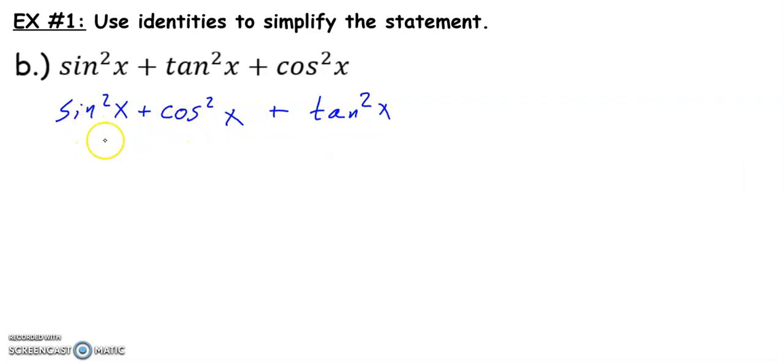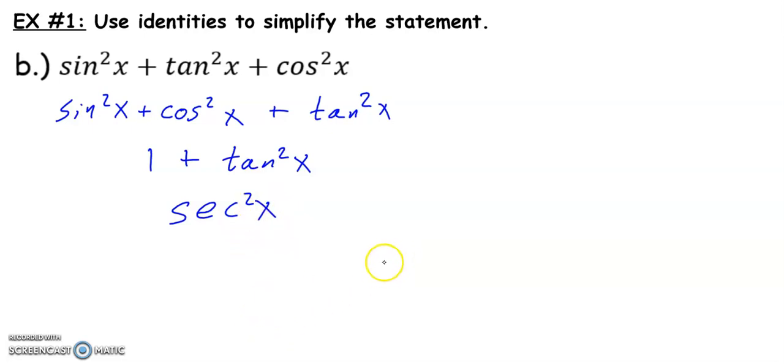So we can say sine squared x plus cosine squared x is 1. And then I'm going to have 1 plus tangent squared x. Well, when we look back, we've got 1 plus tangent squared x, and for that, we can see 1 plus tangent squared x is the secant squared of x. Oops, I almost wrote theta, and we're doing x. My bad. Secant squared x.